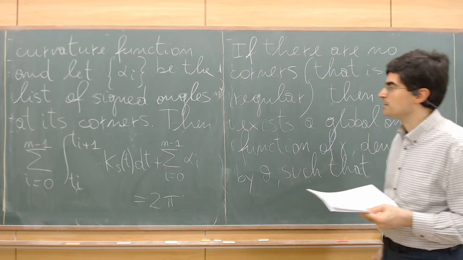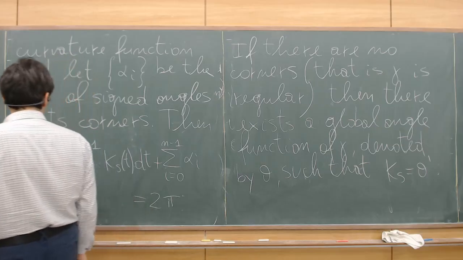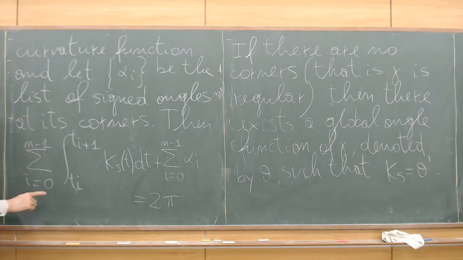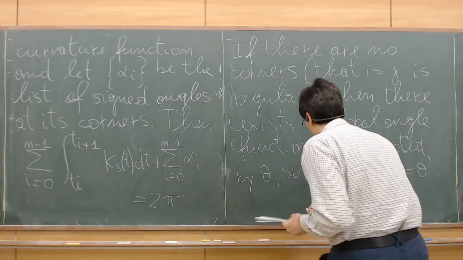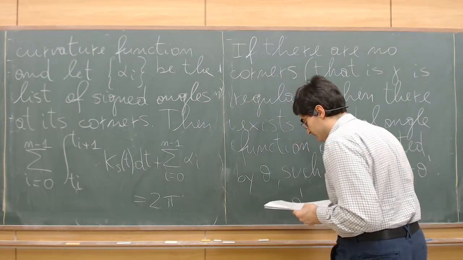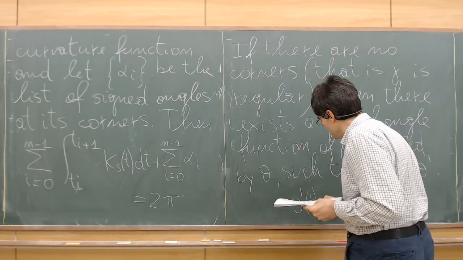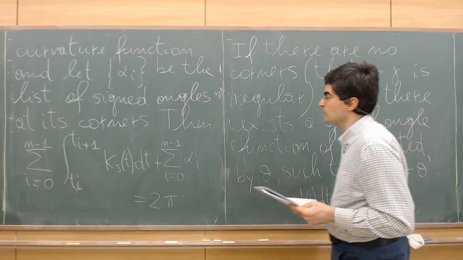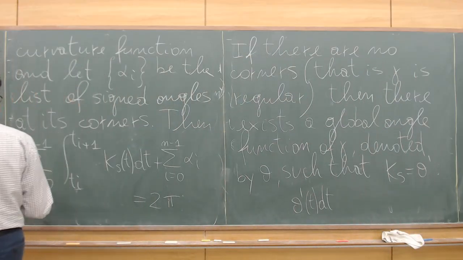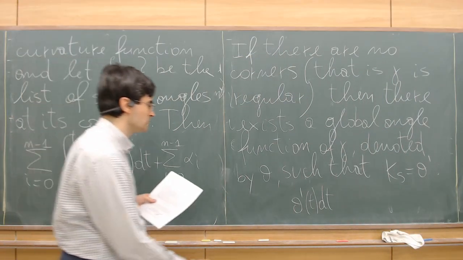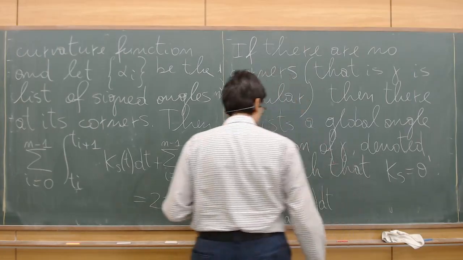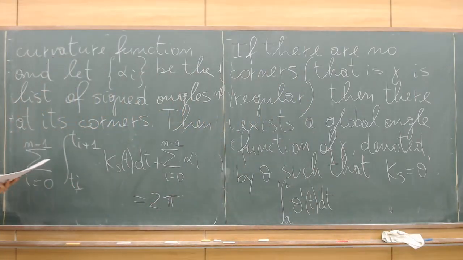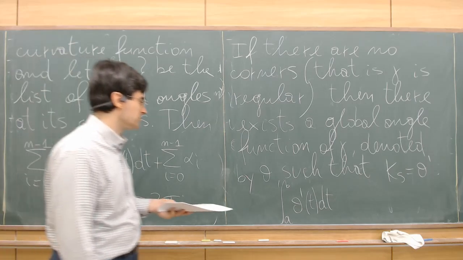As a consequence, instead of writing ks(t) dt, we write theta prime t dt, and we don't have this sum of integrals, but just the integral from a to b. And what is this?